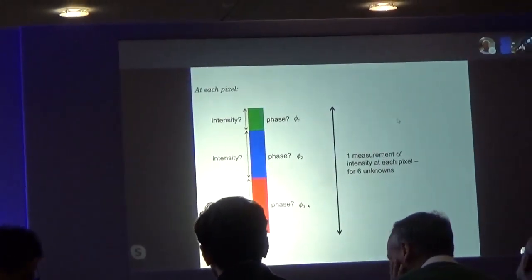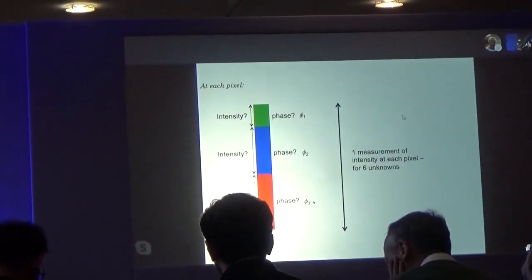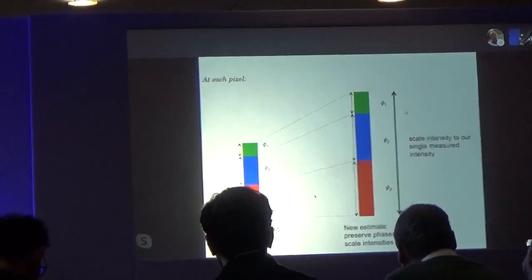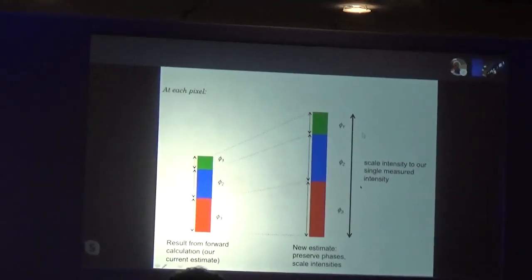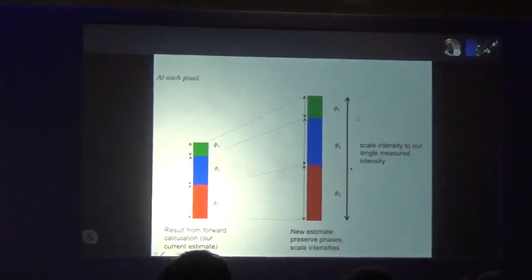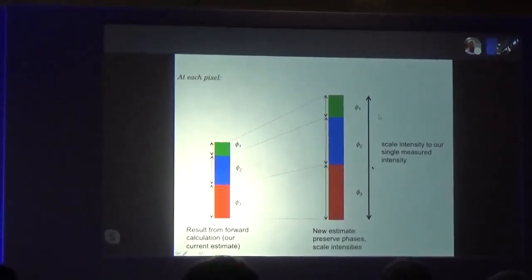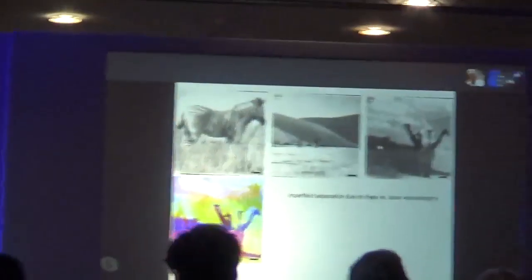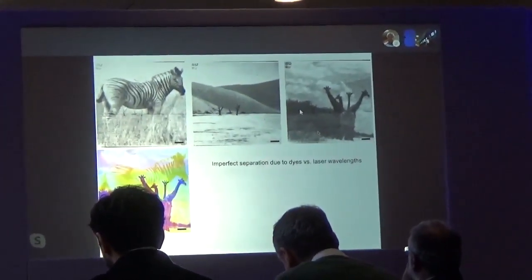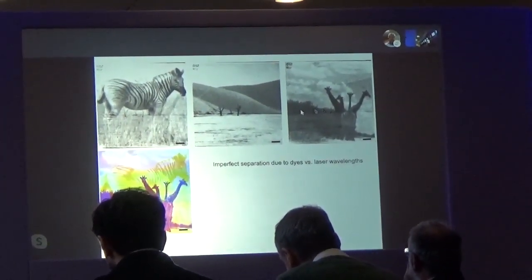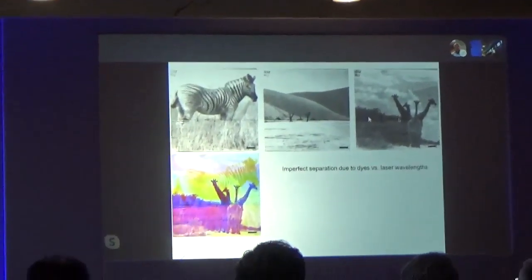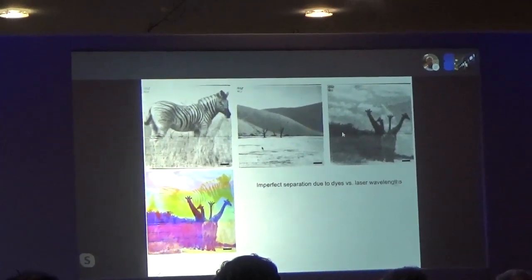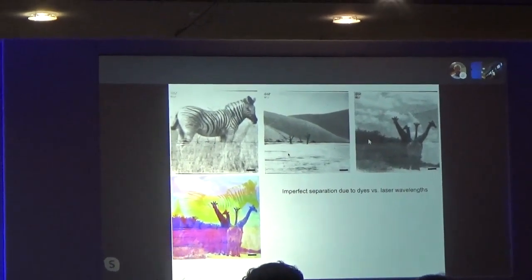Now it turns out we can solve them because we have an estimate and we scale this, we measure, and with all the redundancy in the data, we can separate out these separate modes. And in this case, actually, the dyes don't really match with the laser.